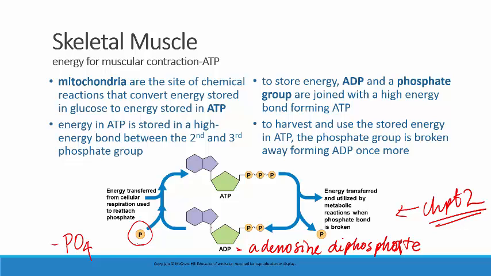So ADP already has 2 phosphate groups attached to it.